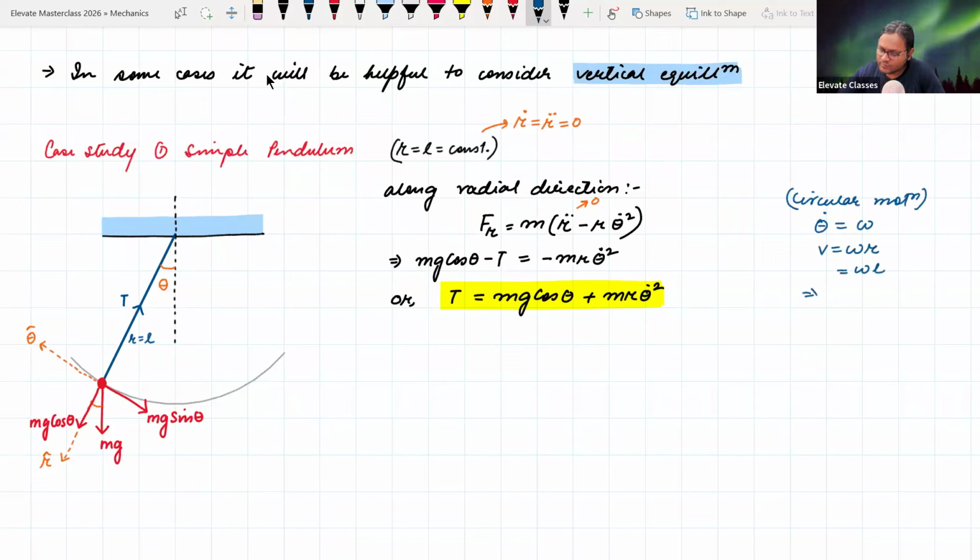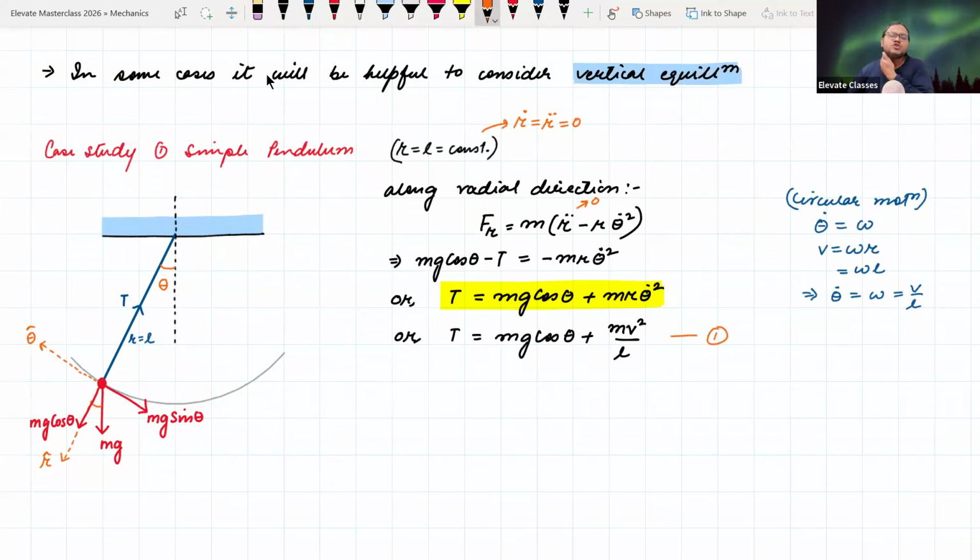So that means theta dot is equal to omega is equal to V upon L. So therefore, this can also be written as T is equal to mg cos theta plus r or L times m V square upon L. Okay? Let me consider this as equation number 1.